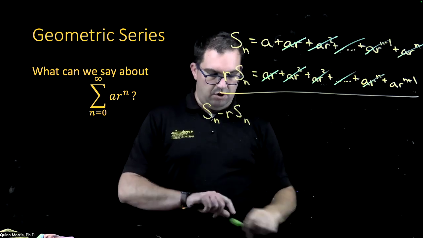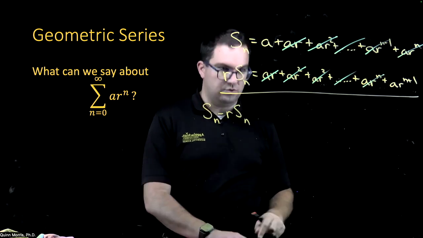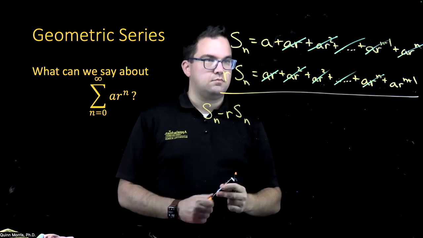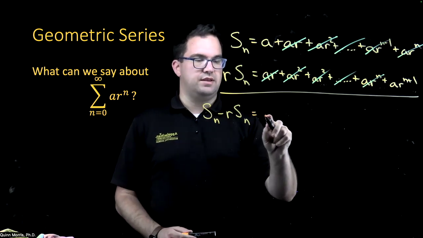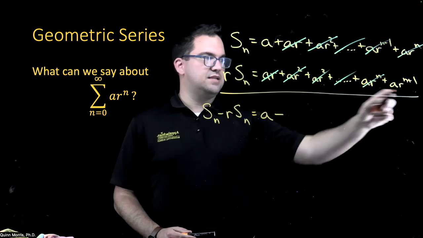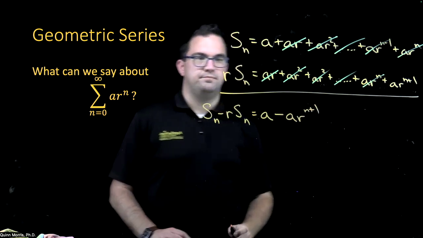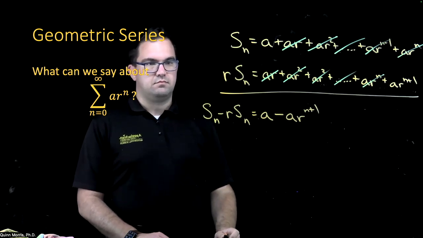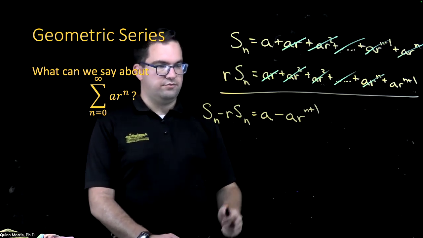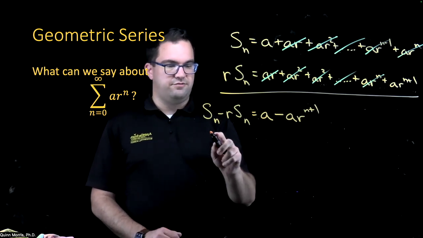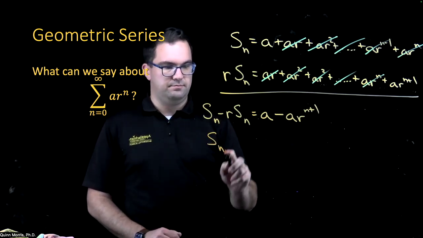So at the end of the day, all I'm left with that doesn't cancel is, in this first piece, an A. And then in the second piece, I'm subtracting off an AR to the n plus 1. The reason I've done this is you can see I can actually factor an s sub n out here.